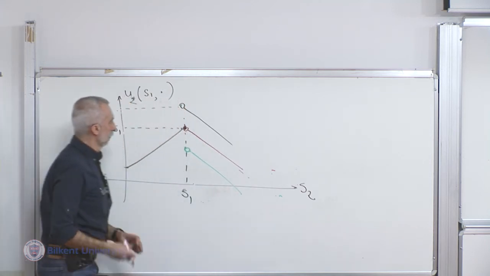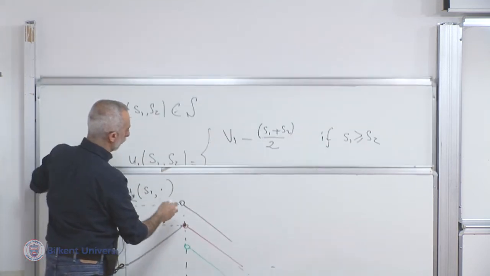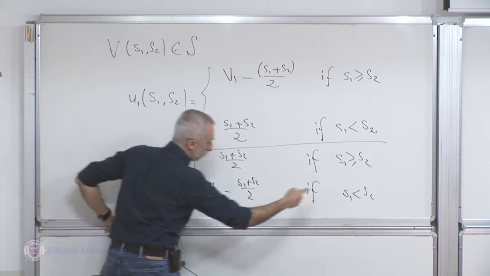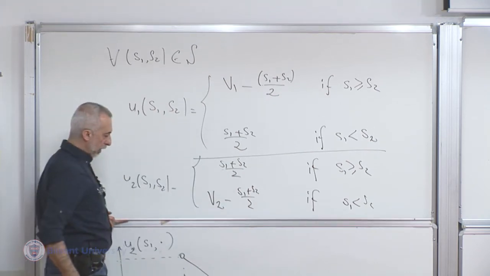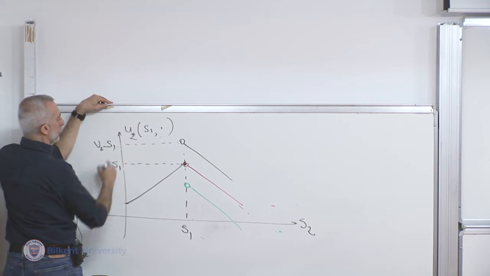Again, we look at what is the value of the function here. If S2 was equal to S1, this thing would be V2 minus S1. So this point is V2 minus S1.